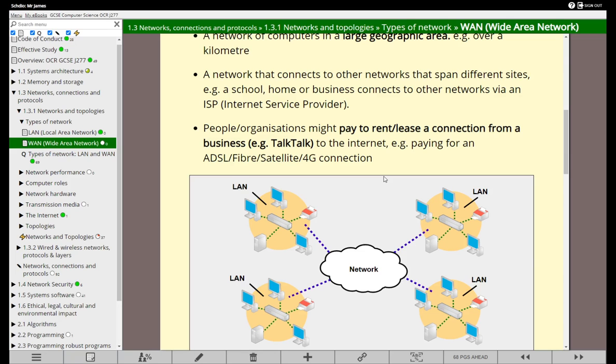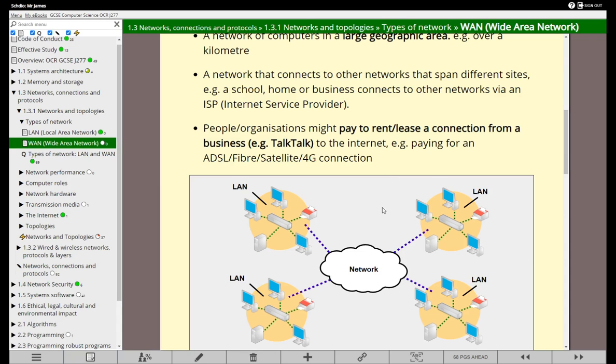So this is going to involve having to pay some kind of fee. So if you think about your smartphone or an internet connection from home, you probably pay a company a certain amount of money in order to use their equipment, so you can connect your device to other devices all across the planet. Right? And in that case, your device is then part of a WAN, a wide area network.